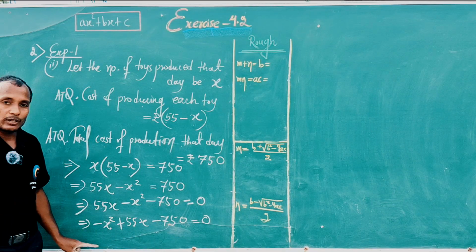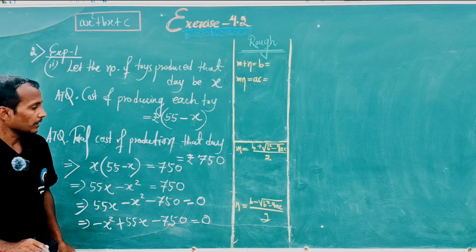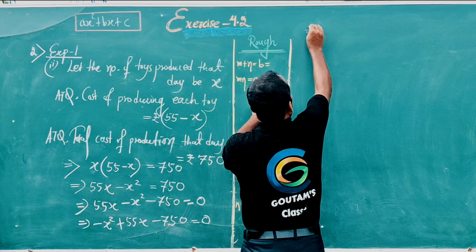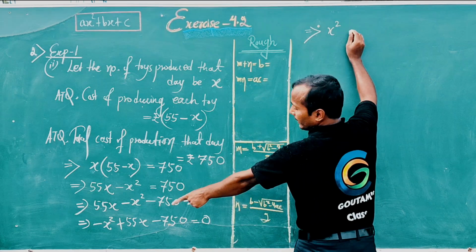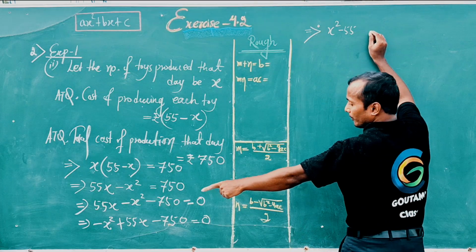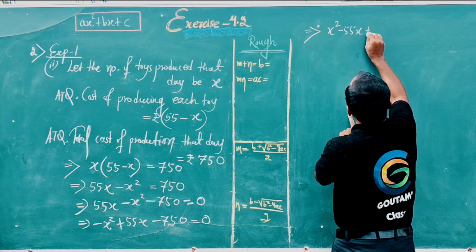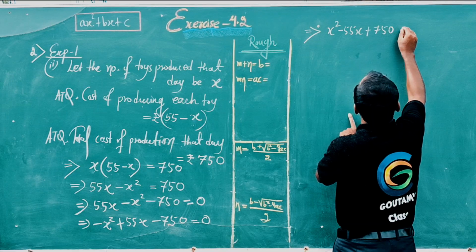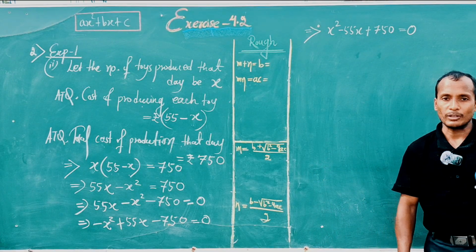I got my quadratic equation, but still let me make the ax square term positive. So I will write minus x square as x square, then plus 55x will become minus 55x. I'm simply changing the sign of all the terms of LHS, and minus 750 becomes plus 750 equals 0. Now this is my quadratic equation.